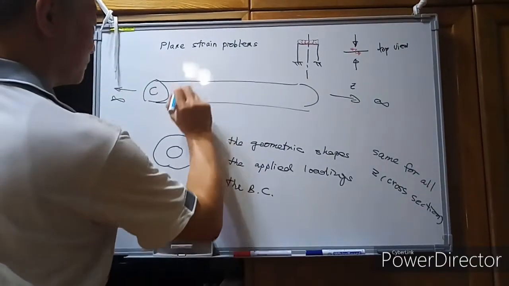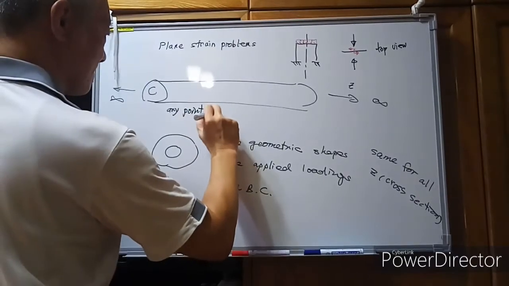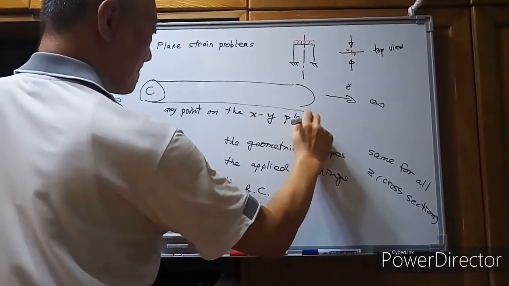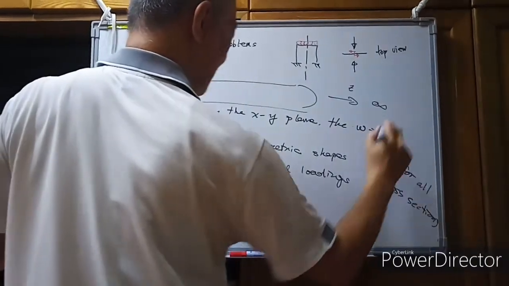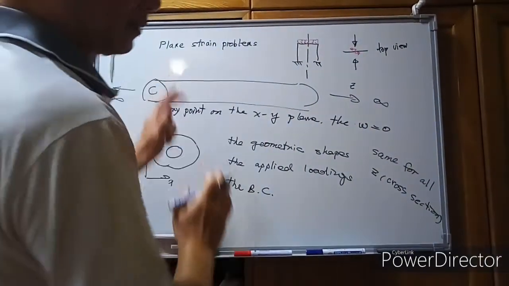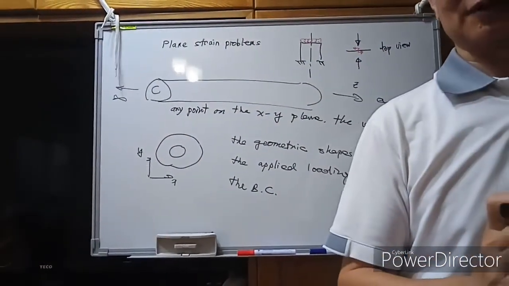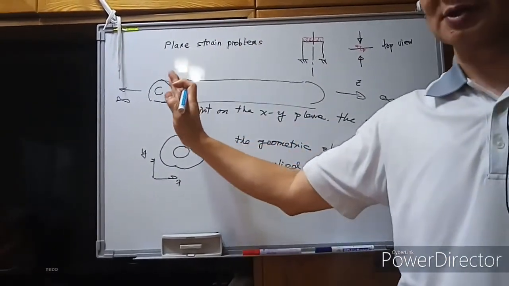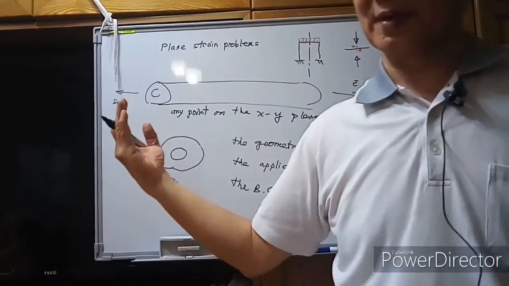For any point on the xy plane, and the xy plane can be defined on any cross section, since the structure is close to infinity, no matter where you cut your cross section, it is still a symmetric plane.